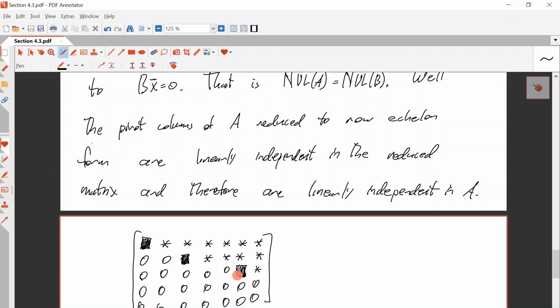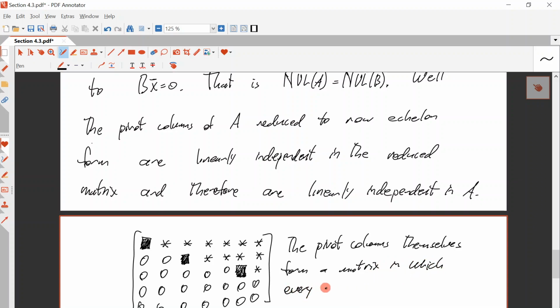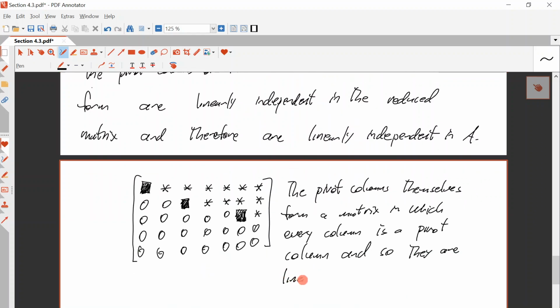Right, the pivot columns in the reduced matrix are linearly independent because the pivot columns themselves form a matrix in which every column is a pivot column. And so they are linearly independent.